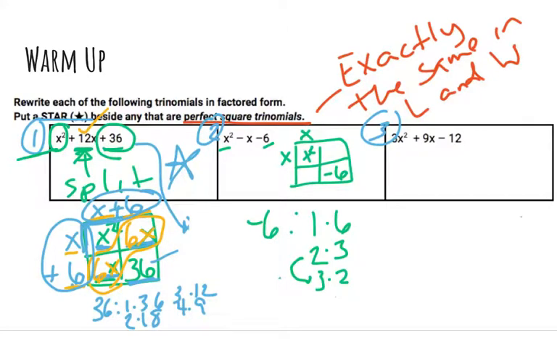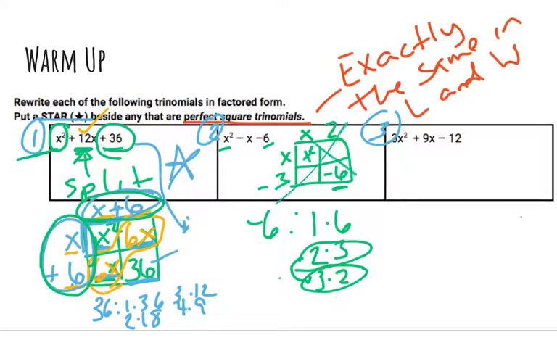So I found all my factors, but there's no pair that if I were to put like 2 and a 3 here, and I'd have to make one of them negative to get that negative 6, there's no combination that would give me identical sides the way that I see over here with x plus 6 and that same exact x plus 6 on the side. So this, nope.